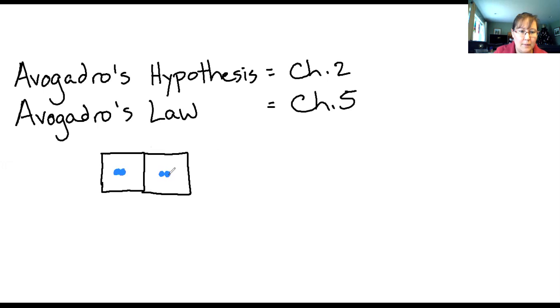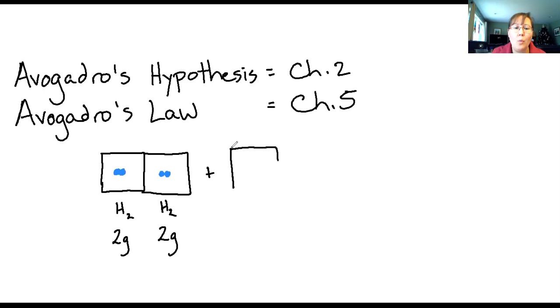Try to make them about the same size. So here we have 2 little hydrogen molecules, and this is our standard volume. That's all we're going to say about that. Each little hydrogen molecule is about 2 grams.